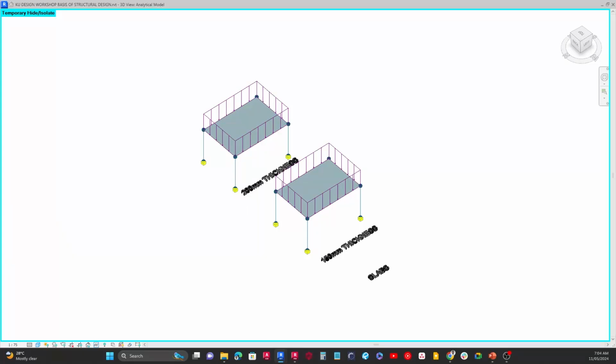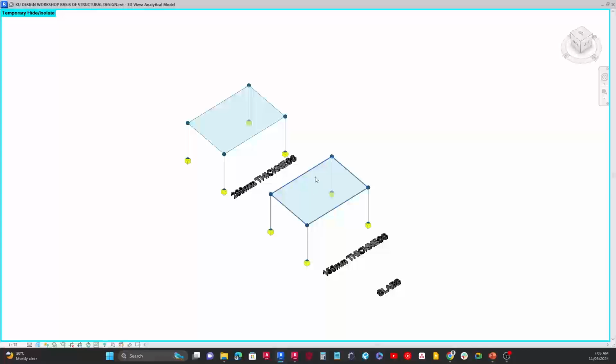First of all, I just want to hide the loads. Let's make it a lot easier to view. And now I'm going to look at the results on the surface of the slab. Let's start with displacement, so how the slab is going to deform as it goes downwards.